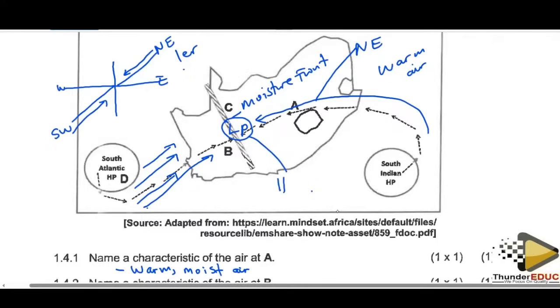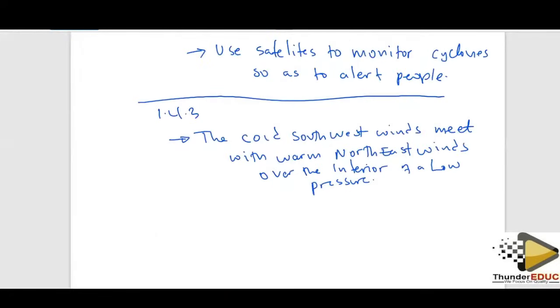Sometimes we refer to it as a heat low or a thermal low, which means it results in the movement of air from high pressure to the low pressure. So you can see we have our southwest cold wind meeting with northeast warm winds over the interior low pressure. All right, that was our first option.